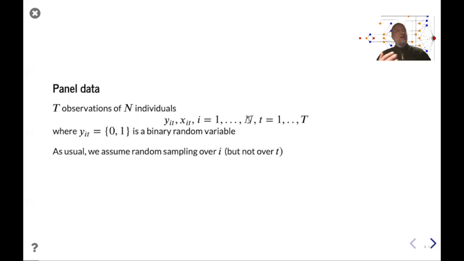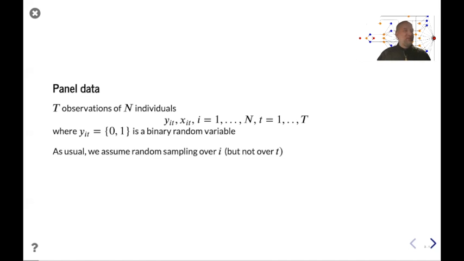The notation I've written here implies what is called a balanced panel, the case where we have the same number of observations for each individual. And the data set we're going to look at is exactly a balanced panel data set.